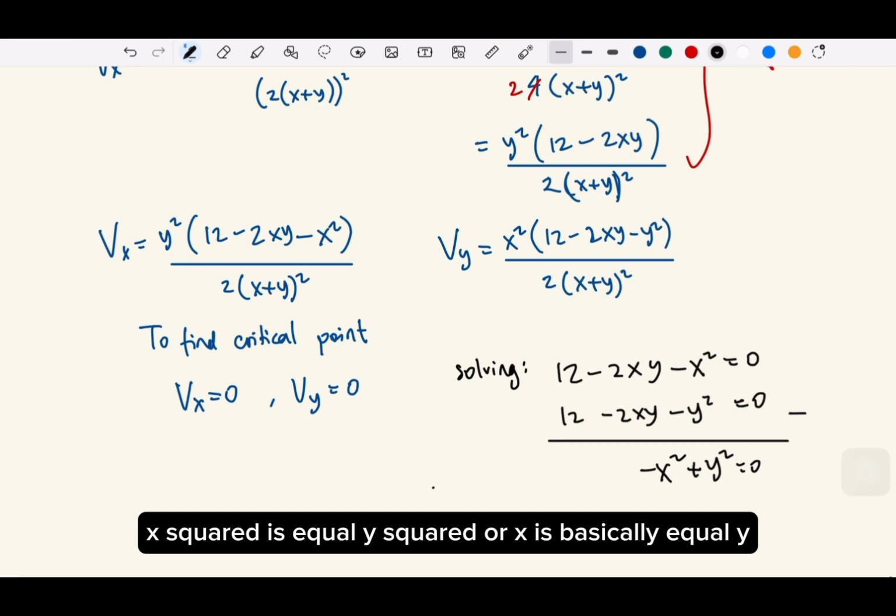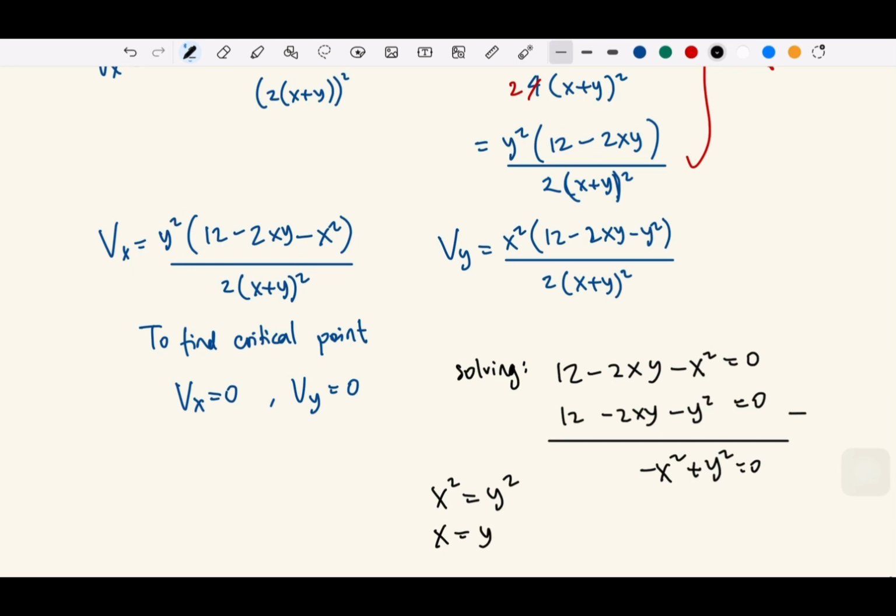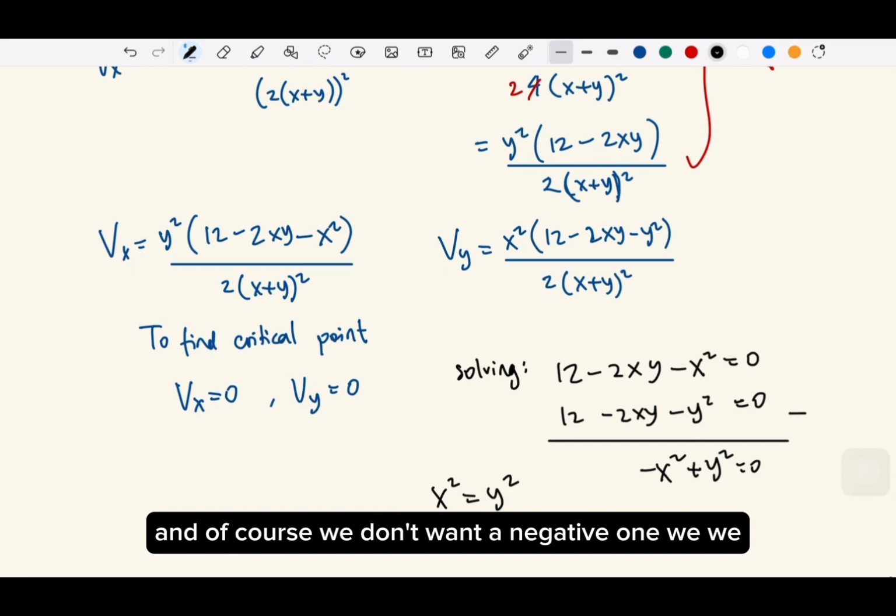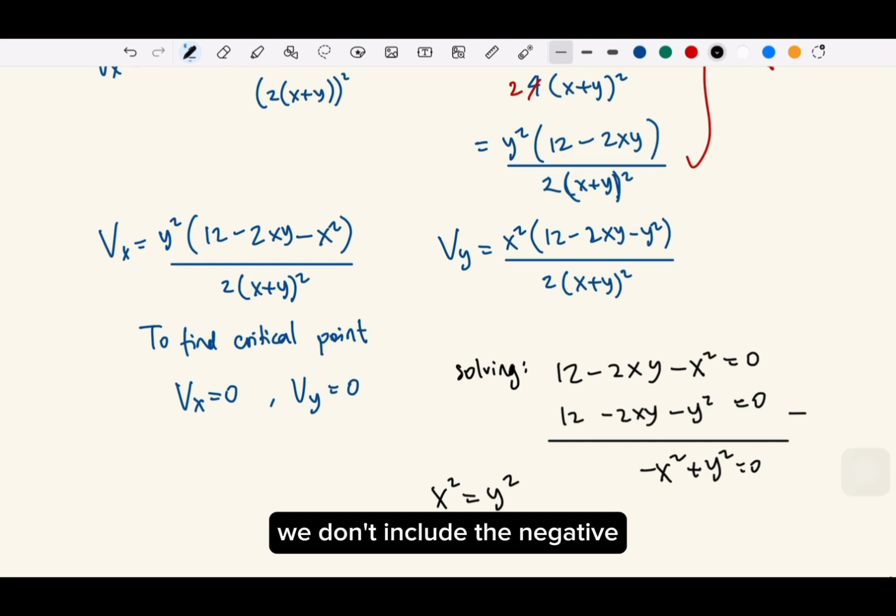So x squared equals y squared, or x is basically equal to y. And of course, we don't want a negative one. It can be a negative number, but we are not including that one because it's a geometric shape.